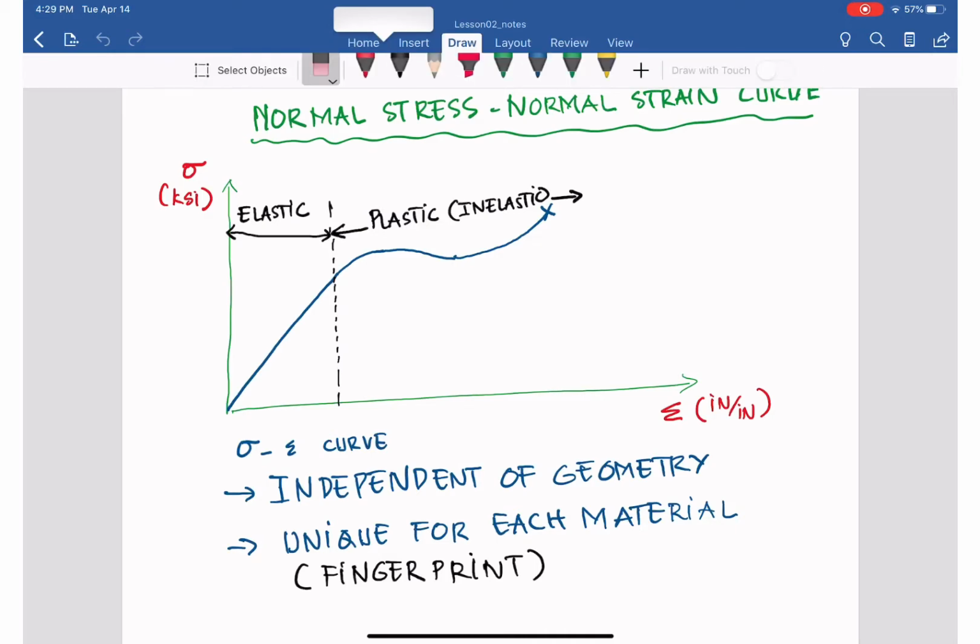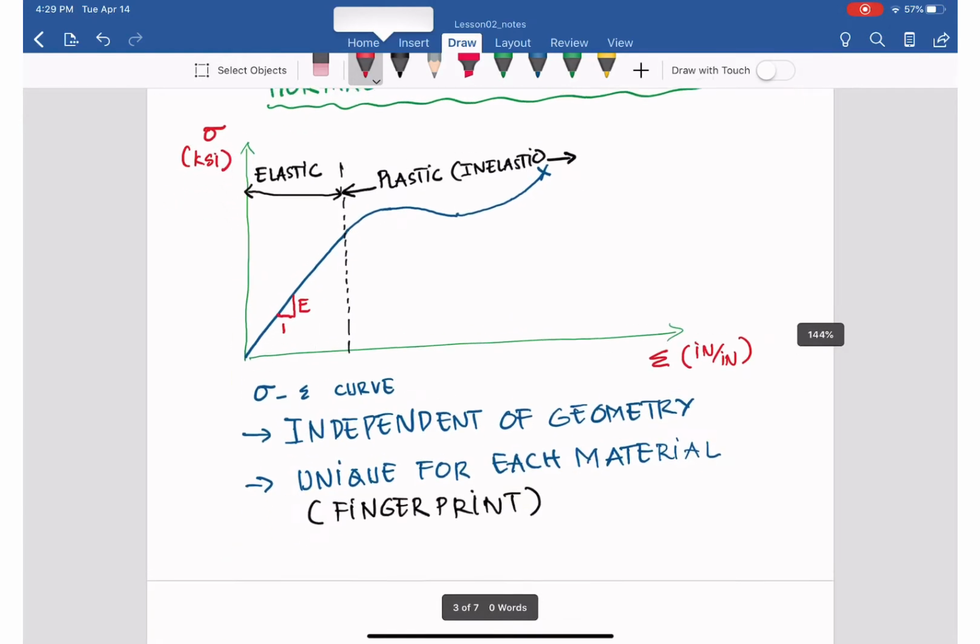If we take the ratio, we get a number, and that property we call E. For one material, if we go to a normal strain of 1 inch over inch, whatever we go up for stress, we call it E, and that is unique for each material.